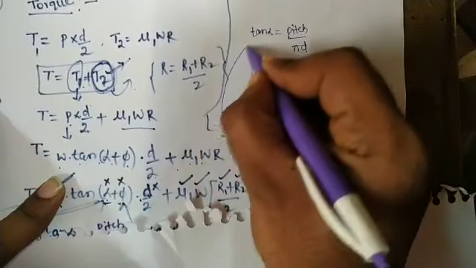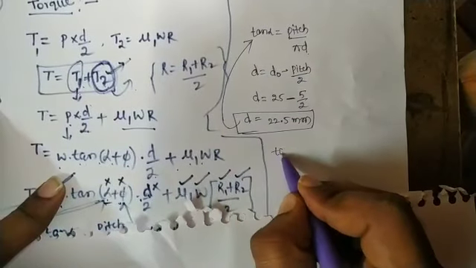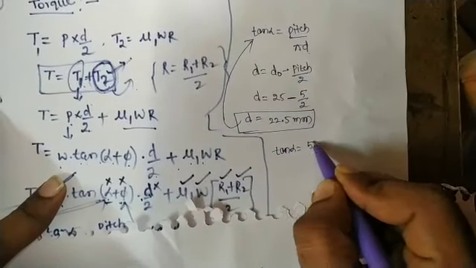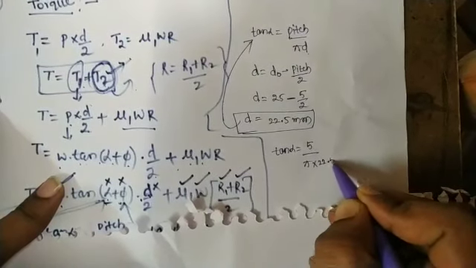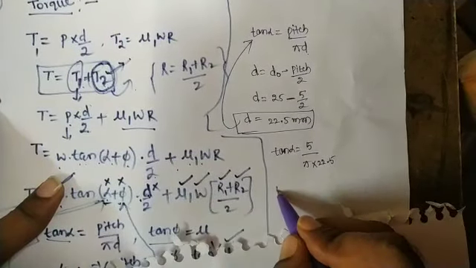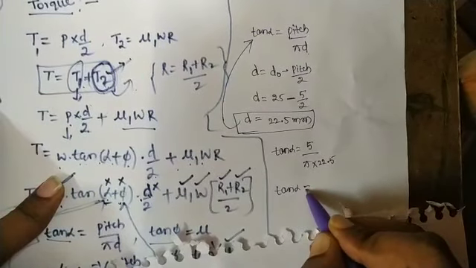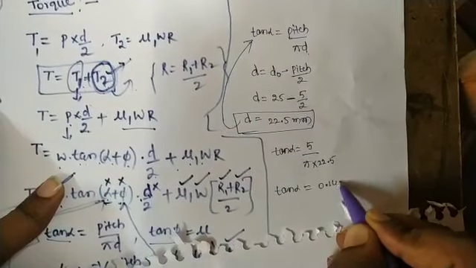After that, substitute in tan alpha. Then tan alpha equal to pitch 5 by pi into 22.5. So tan alpha equal to 0.1414.